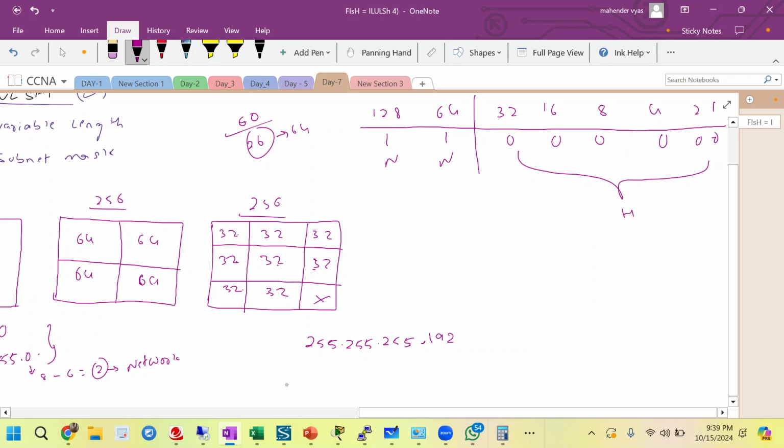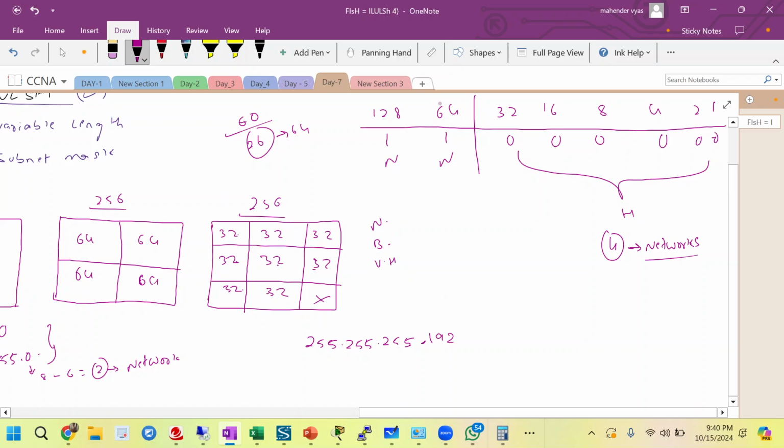Now I need to figure out, if I am dividing 256 into 64, what would be my network address, what would be my broadcast address, and what would be the valid hosts for each subnet. Now I will have four subnets, four networks. So first we need to find out the block size value.